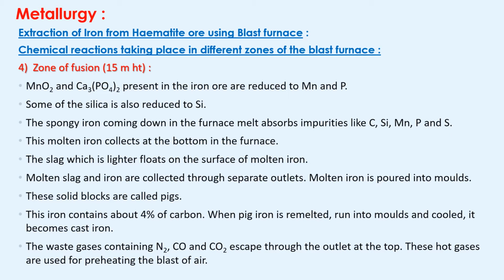The molten iron collected at the bottom has a different outlet than the slag. You pour that molten iron into molds, and that is called a pig, and pig iron contains 4% carbon. When pig iron is remelted, molded once again and cooled, you get cast iron. In this blast furnace there is a gas containing N2, CO and CO2 that escapes through the top, and these hot gases are used for preheating the blast of air.